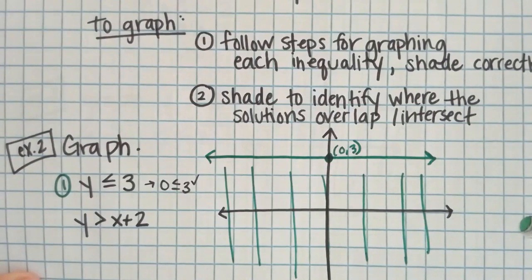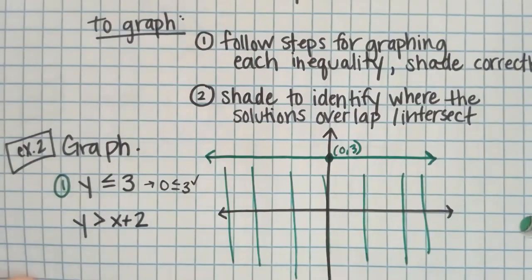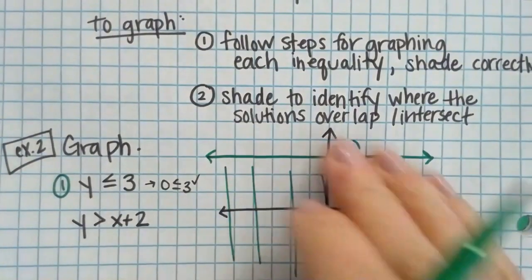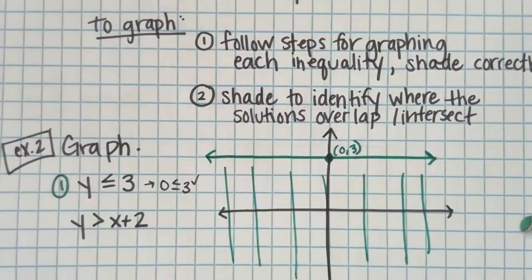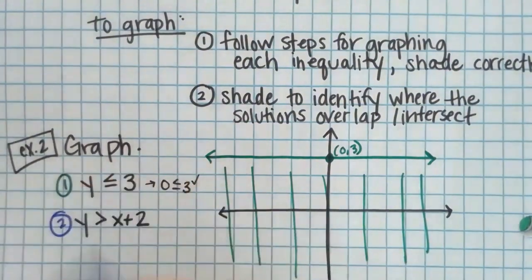So I've graphed my first inequality. Now I'm going to graph this one in the same plane. So there's going to be some overlap, which is good. That's what we want. So I'll call this equation 2.